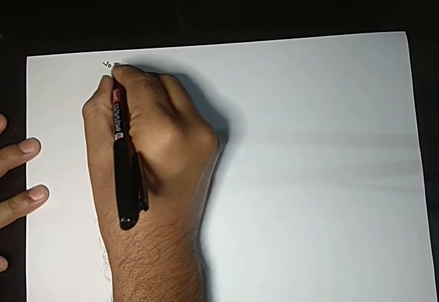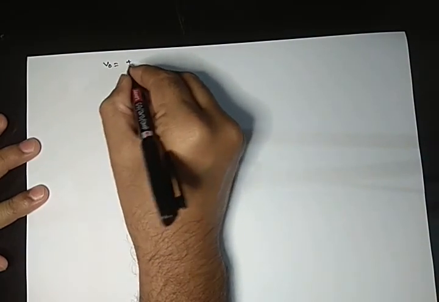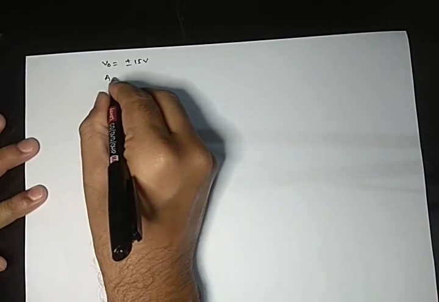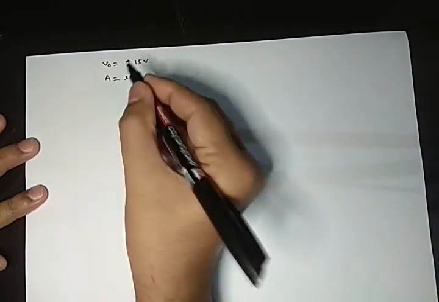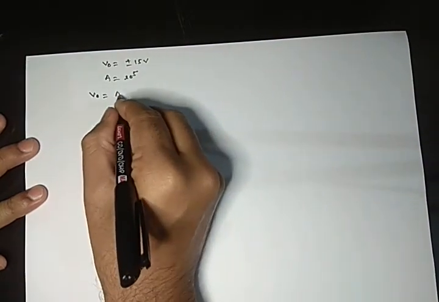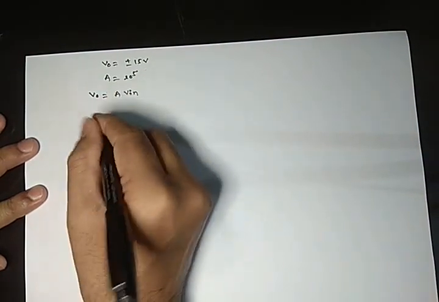Now we came to know that the output can maximum vary to plus minus 15 volt, and we know A is 10 to the power 5. Now we have the equation V naught is equal to A into V in.